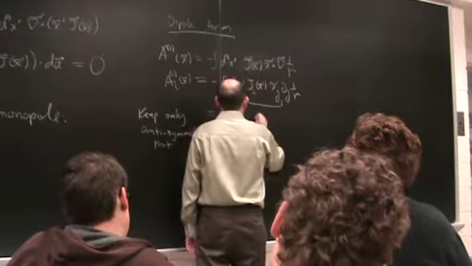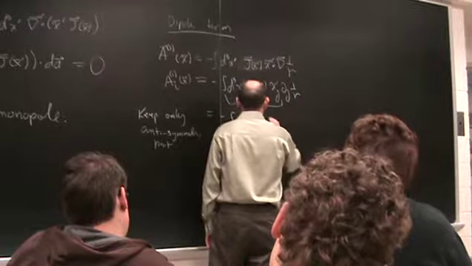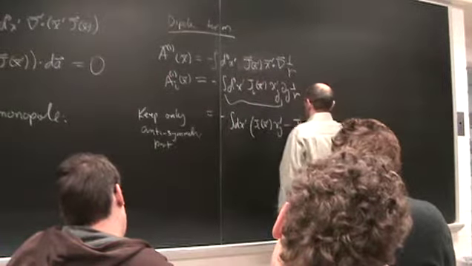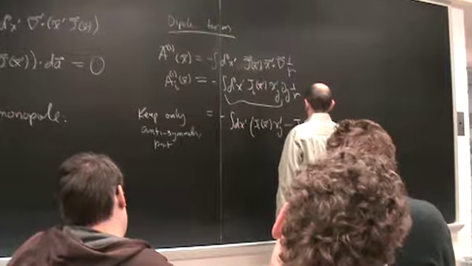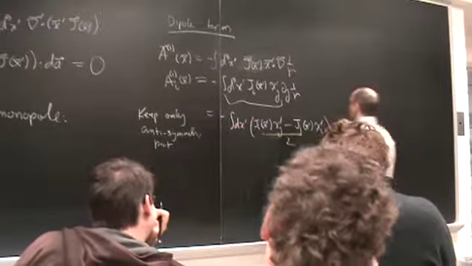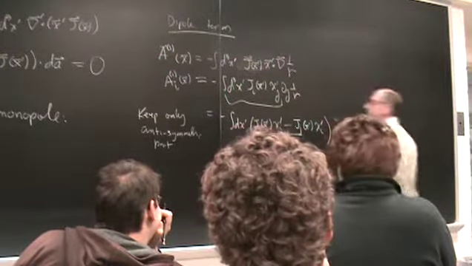And so that's J_i x_j minus J_j x_i, over 2, partial j, 1 over r.